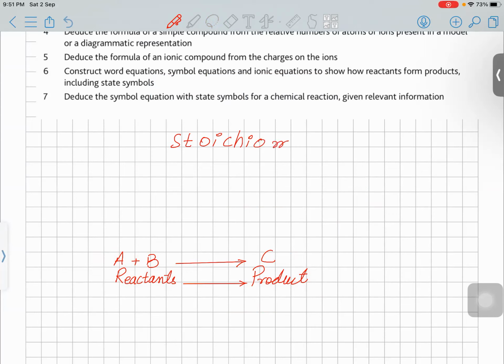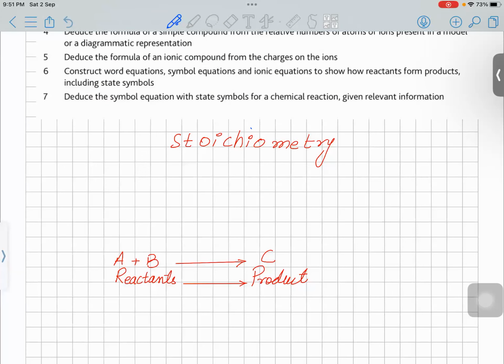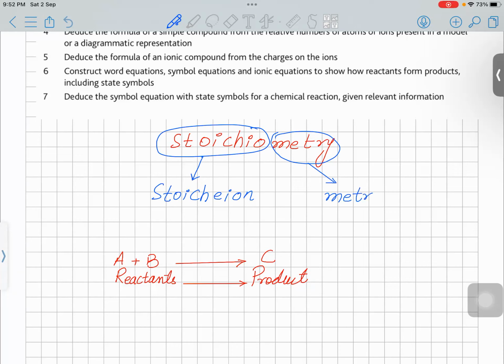Now, the word stoichiometry is composed of two words, stoichion and metron. Metry is derived from the word metron.